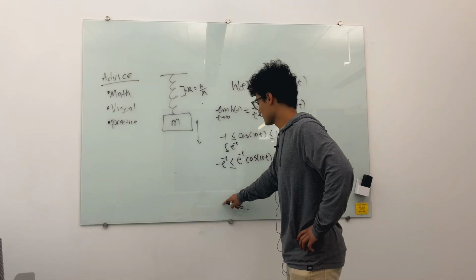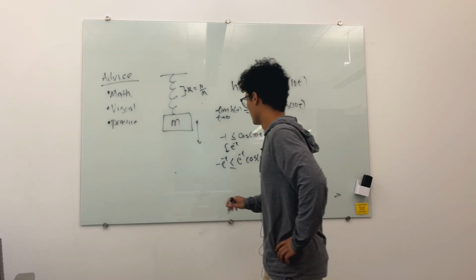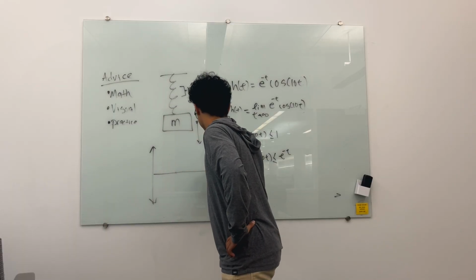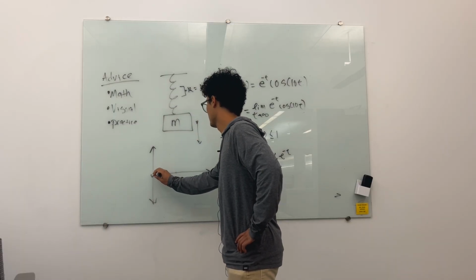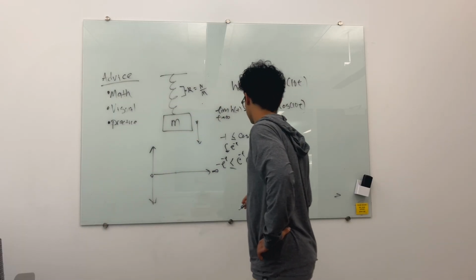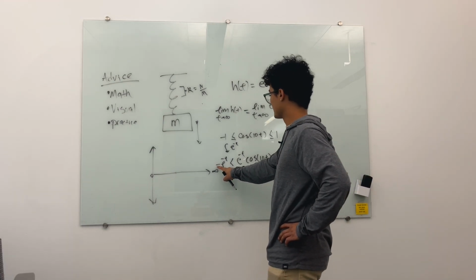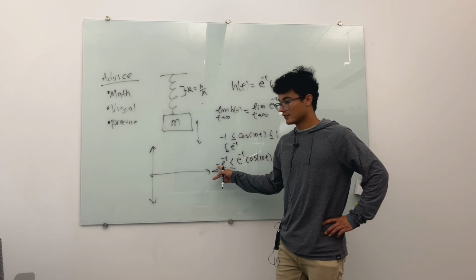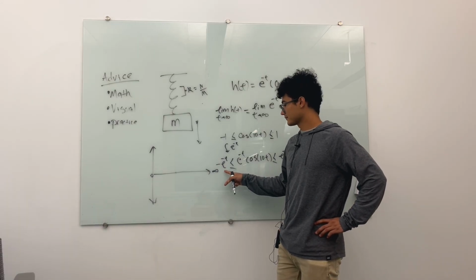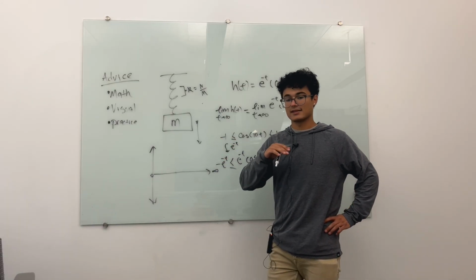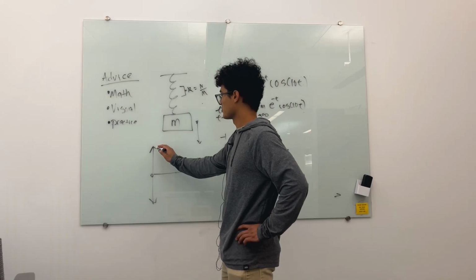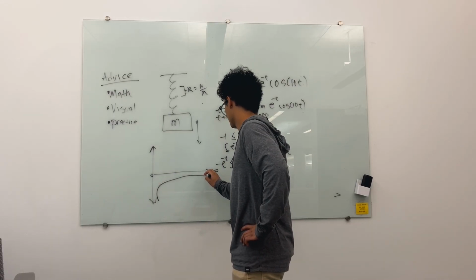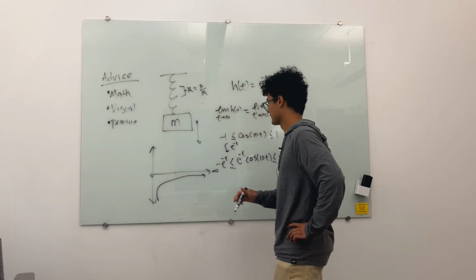So this is where visualizations will help you out. If we're going from 0 to infinity, let's plot negative e to the negative t. Remember, if we have a negative in front of the function, that's going to mirror it across the x-axis. So if exponential decay looks like this, we're going to get something that looks like this, roughly.